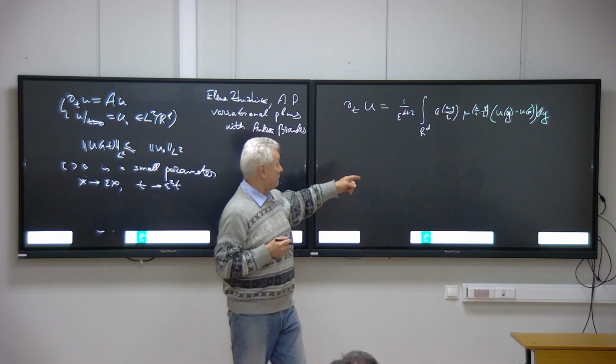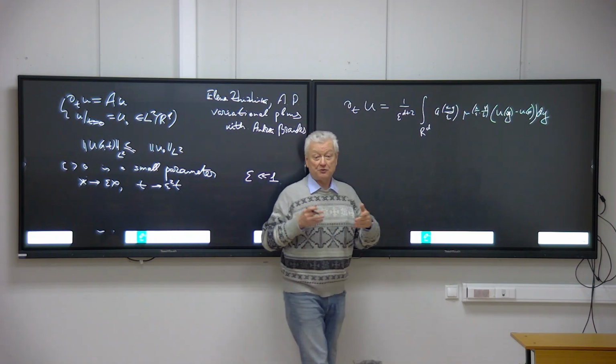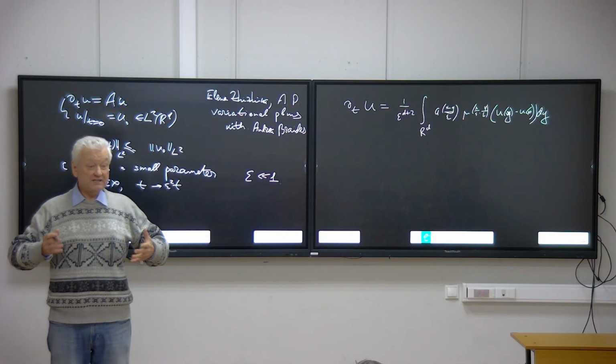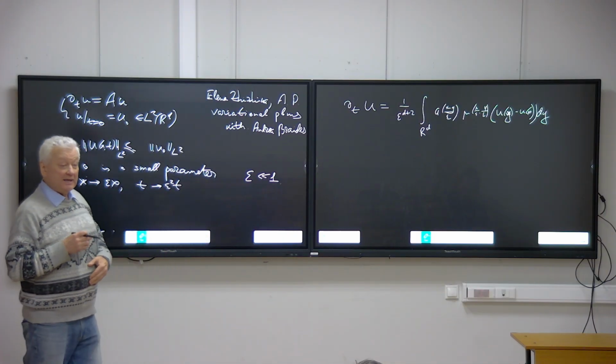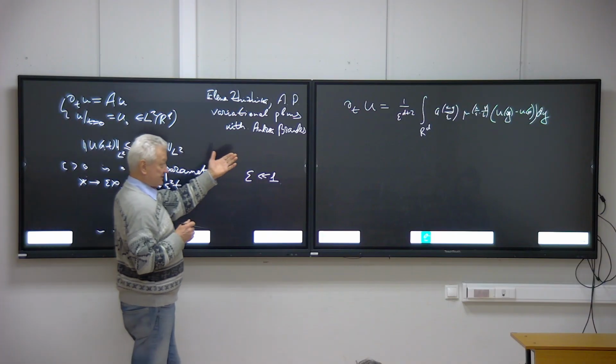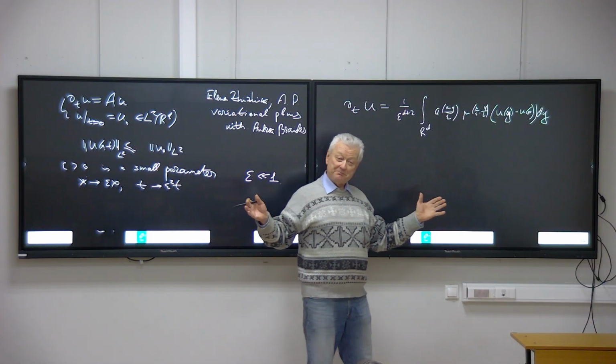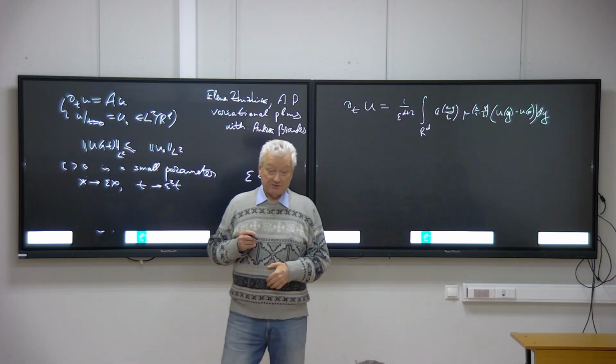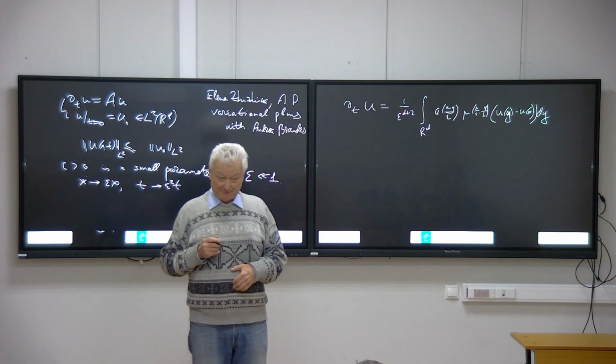So d comes from the Jacobian, and 2 comes from the scaling of time. So that's our operator. It's bounded for each fixed epsilon, but its norm is getting bigger and bigger because we have a large parameter in front of the operator.